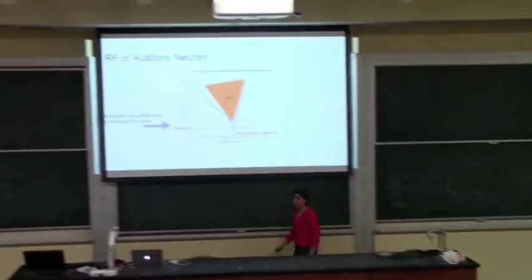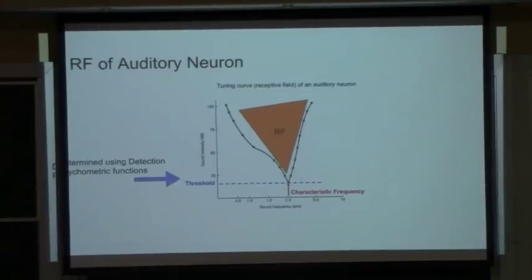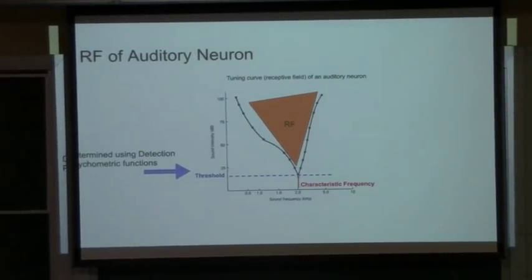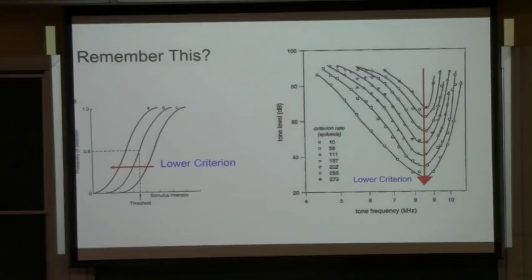Yes? If we ever have to draw a receptive field, can we just shade in the entire area encompassed by the curve, or do we have to actually draw it? No, that triangle is just a schematic because I couldn't shade it. It's everything above that curve. It's not a triangle, that's just PowerPoint. Yes?